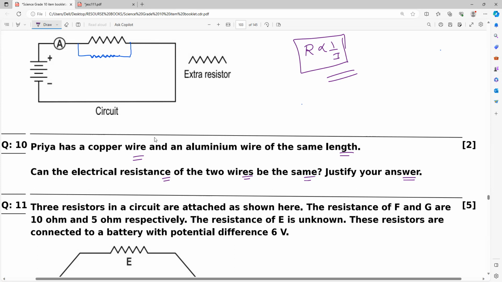Others, answer yes or no. Yes or no, everybody? All of you?